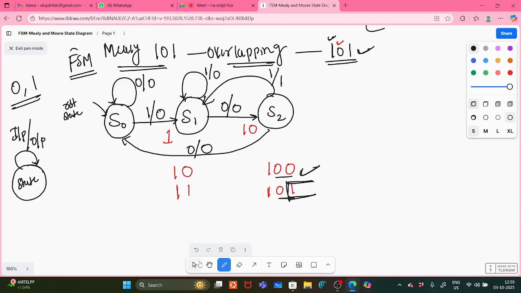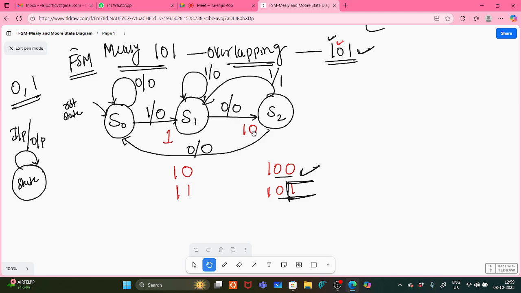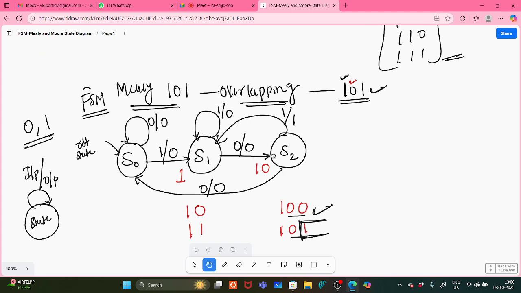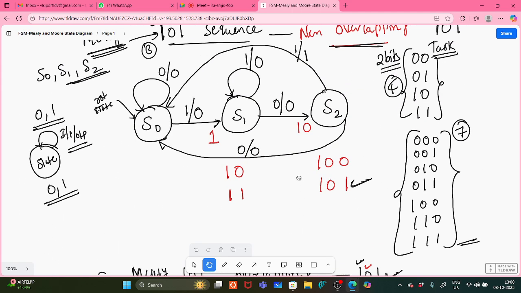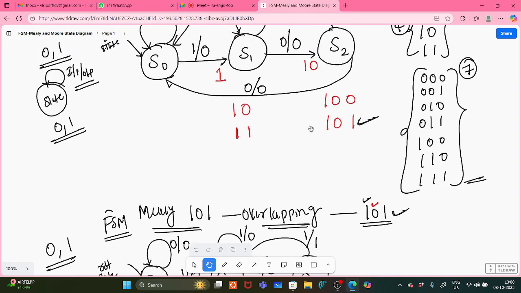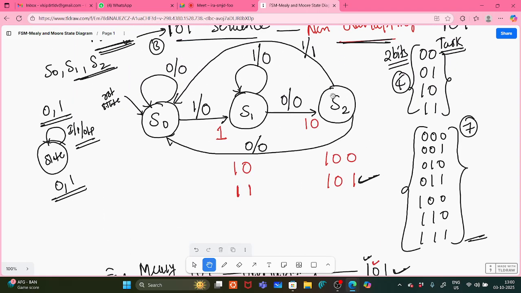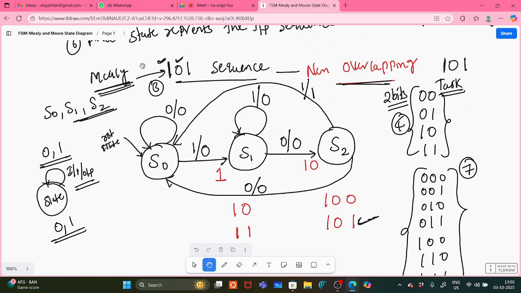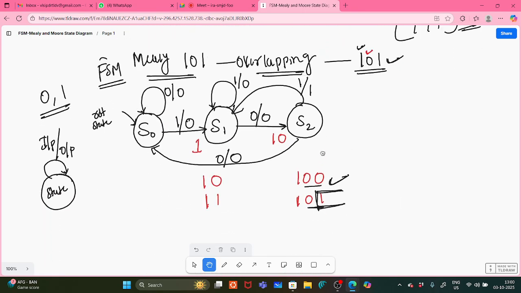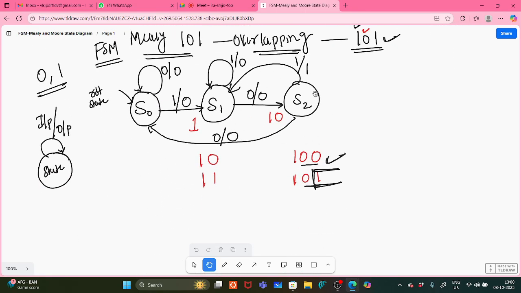So what is the difference between overlapping and non-overlapping? See here. Overlapping and non-overlapping, in all the cases it is the same only, but when you get the sequence in non-overlapping, it will go into which state? S0. It will go into S0. So here when you are getting the sequence, the last bit becomes the first bit. So that means it will go to, where it will go? It will go to S1.